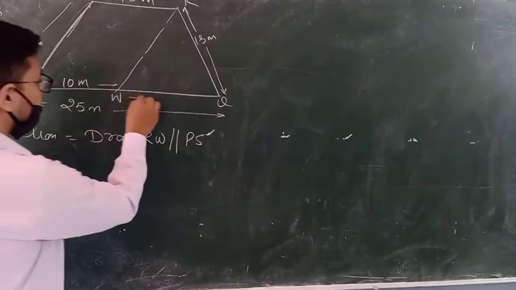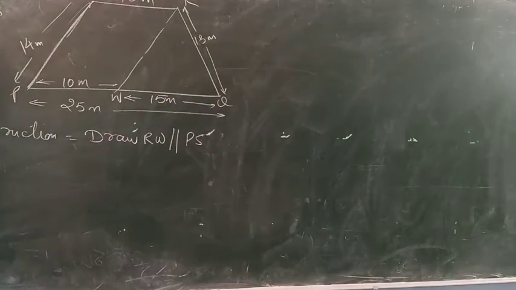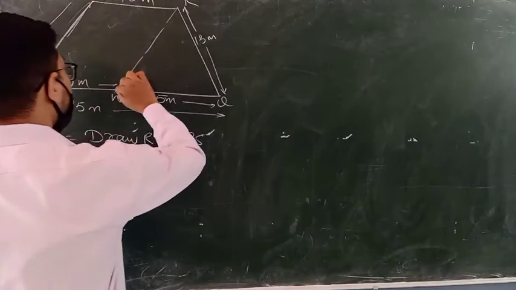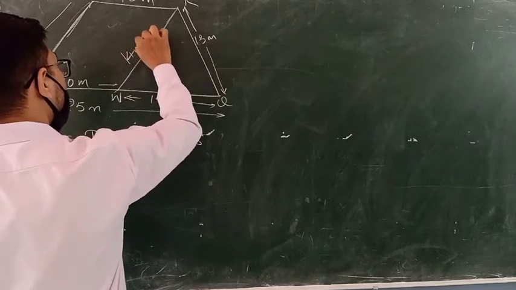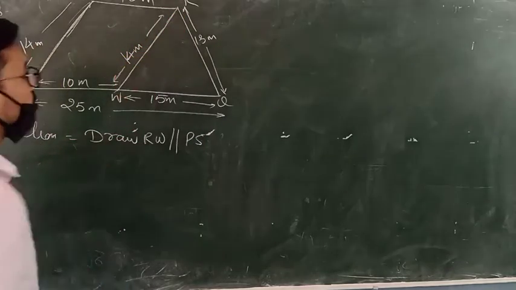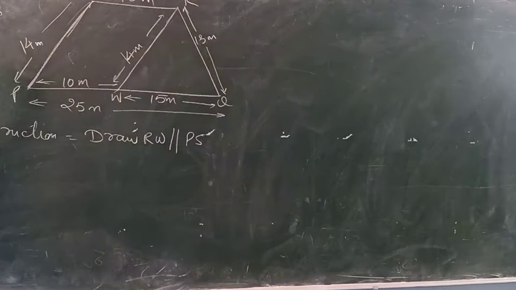That means the remaining is 15 meters, right? 25 minus 10, 15 meters. If this is 14, then obviously using the properties of parallelogram, this is also 14 meters, right?